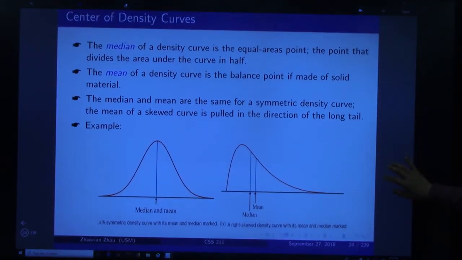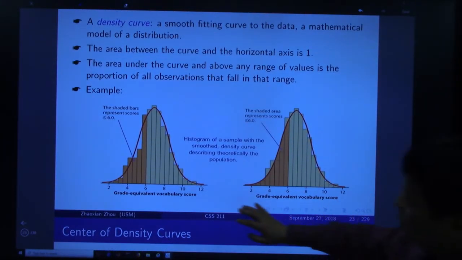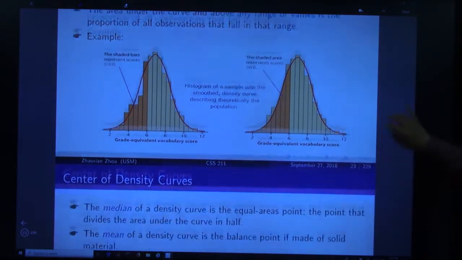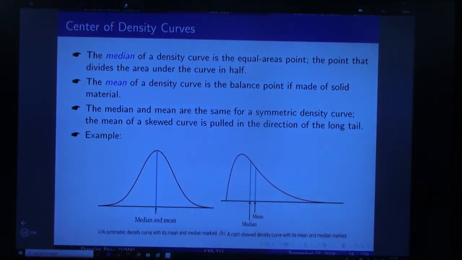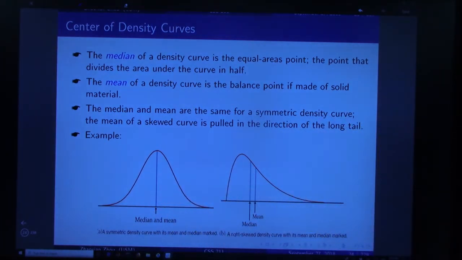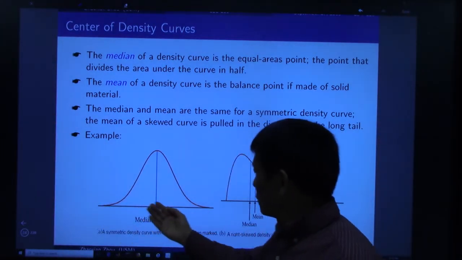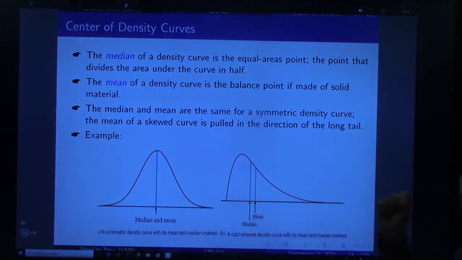If from this histogram we simplify to a density curve, we may have some density curve like this, and we want to investigate the center of the density curve. The median of the density curve is the equal area point. That means if the median is here, then the area to the left and to the right must be the same.